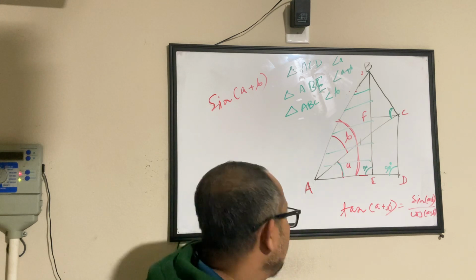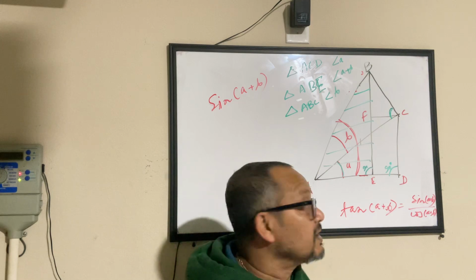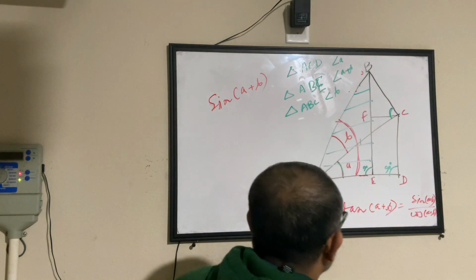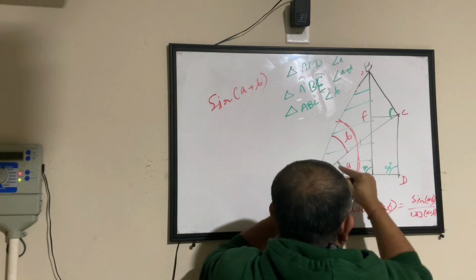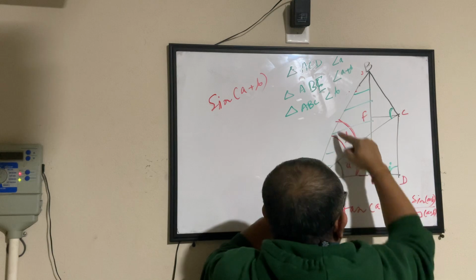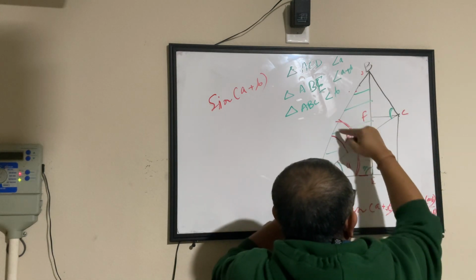Yes, sir. Okay. So all that I have done is just to let you guys visualize how this diagram has come into existence. This is my small triangle which has this angle A. This is my large triangle which has angle A plus B, and this is my third triangle which has this angle B here.